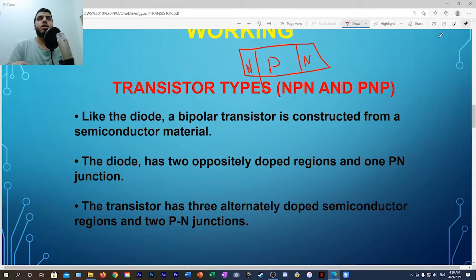Why? Like in the diode we see one PN junction, but here there are two PN junctions, and in the diode we have two layers, whereas in the PNP there are three layers. So 1, 2, 3.